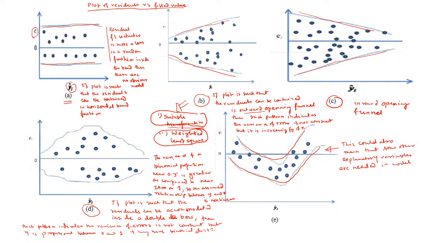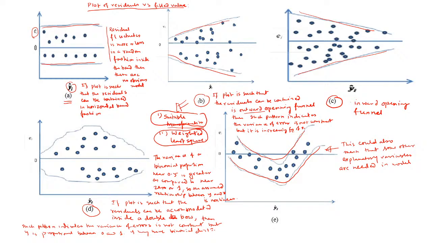So I repeat this point. Please write this note. A plot of residuals against yi hat may also reveal one or more unusual large residuals. Full stop. These points are potential outliers. Full stop.